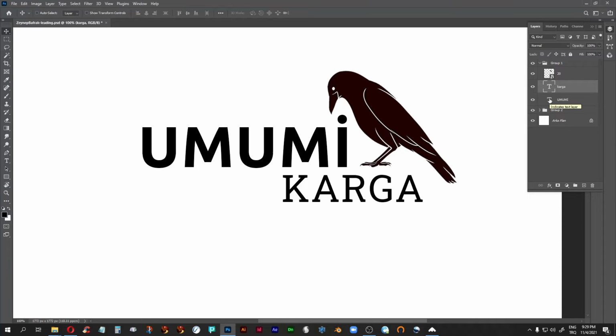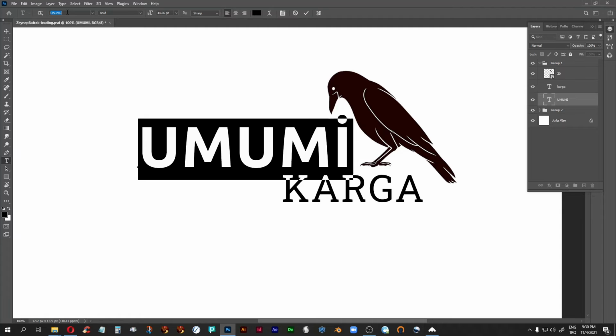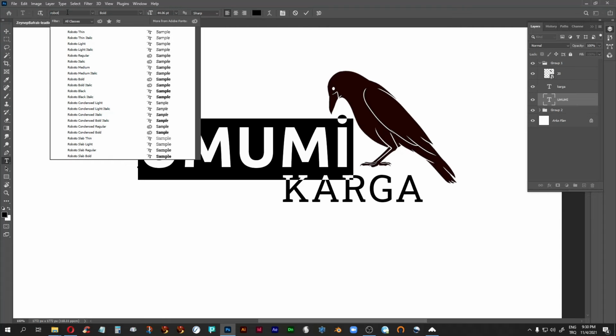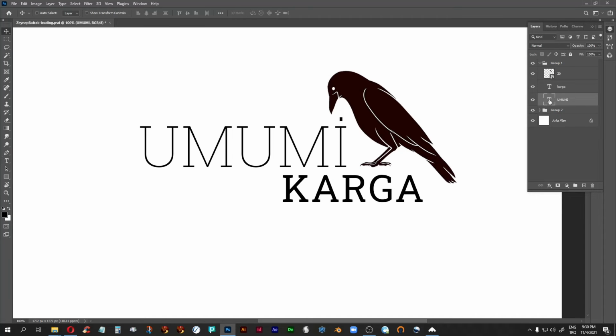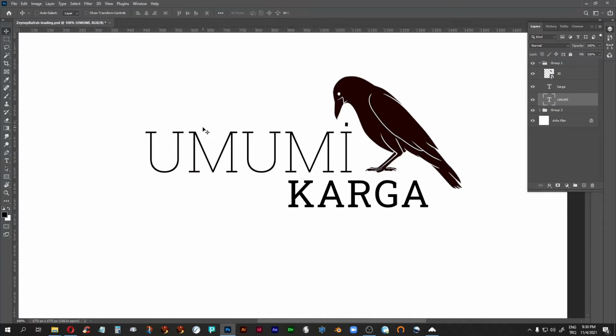So what I think I want to do is make this Roboto also, but in a different weight. So let's go back, and we have the slab. So let's go with the thin. So now these both belong to the same family, which gives it a consistency.